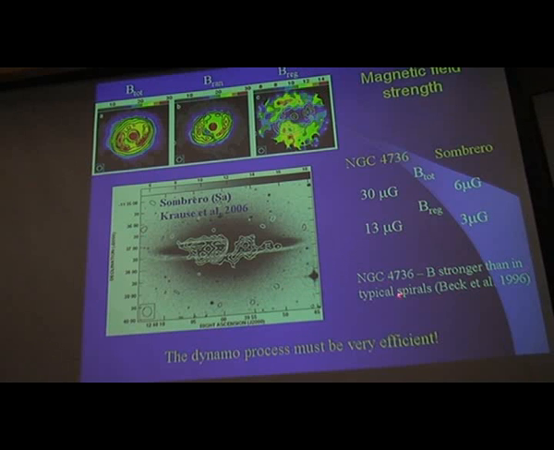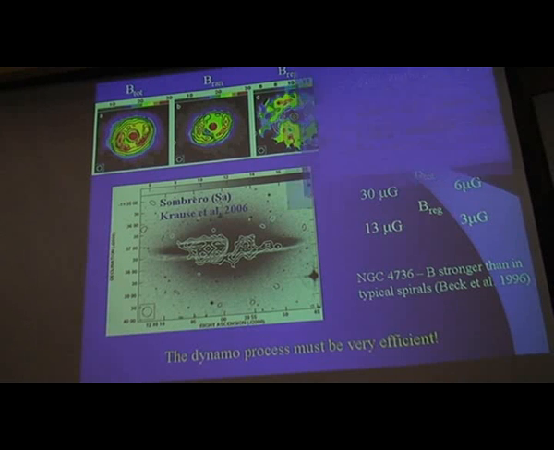They are strong when compared to typical spirals and very strong when compared to another early type galaxy, the Sombrero galaxy, for which Marita Krause found 4 times weaker magnetic fields. So the dynamo process generating regular and random field in this galaxy must be very efficient.